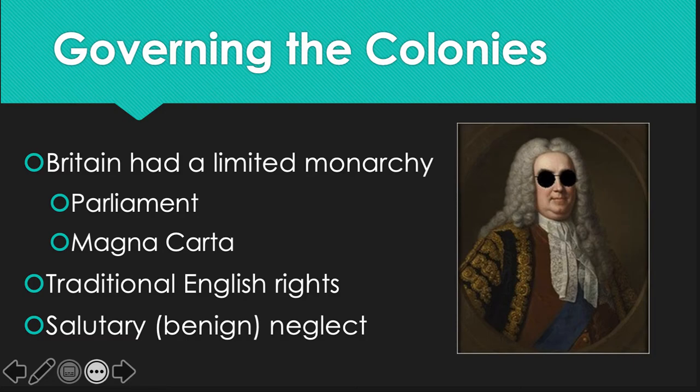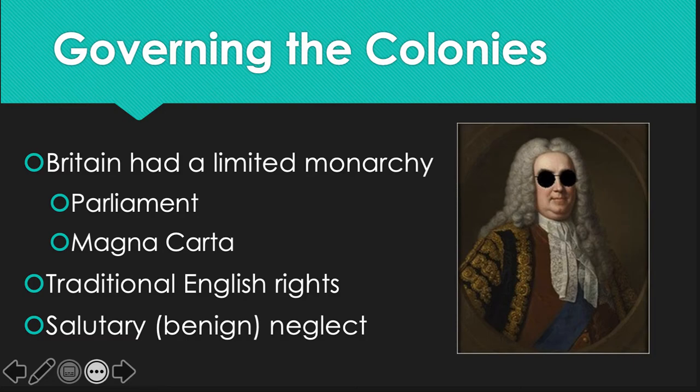First and foremost, what they're going to see that they enjoyed in the British government is the idea of a limited monarchy. They're going to look at Parliament and take pieces of that representative form of government and stick that over in the colonies. You're going to see that they like to elect officials to represent their ideas in a larger government, just like Parliament.